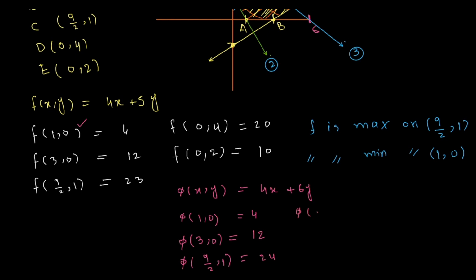And phi of 0 comma 4, you put 0 comma 4 in this function and you will get 24. And in a similar way, after putting the next point 0 comma 2, we get 12.